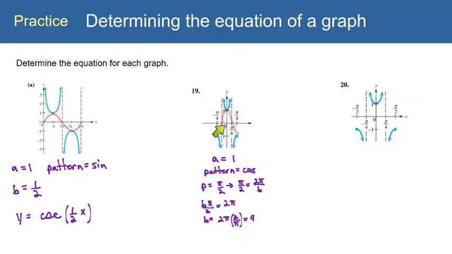But here, our graph is not showing us 2 pi. So we kind of have to use the formula to force the period to show up, or to force the b to show up. And so b is 4. And so now, since this is a cosine graph, the graph that they drew for us was a secant graph, so y equals secant of 4x.